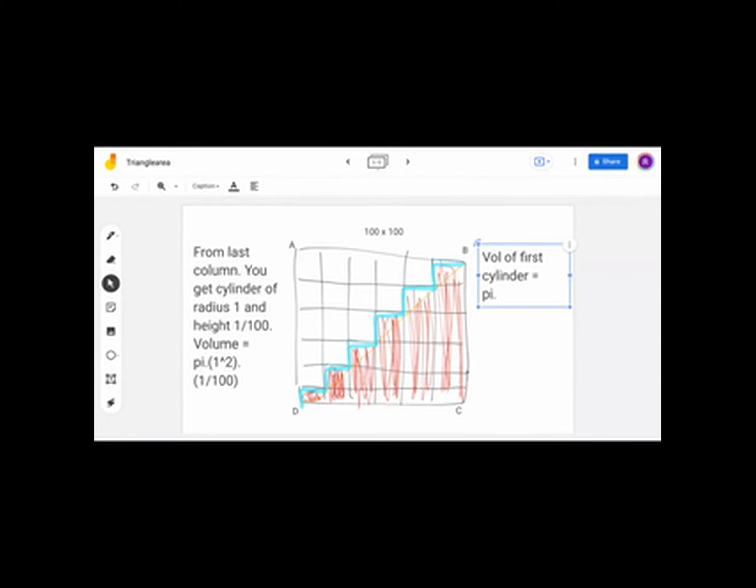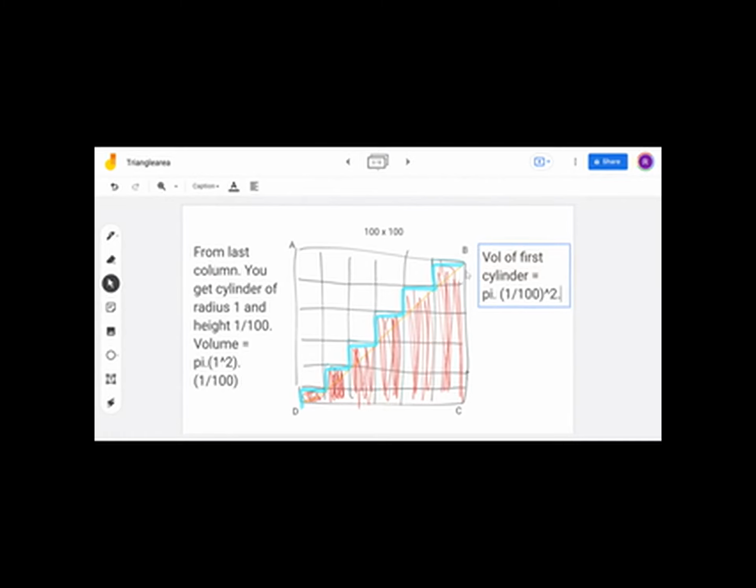Pi times r squared h. So what is the r? 1 by 100. So pi times 1 by 100 whole squared. To understand this notation, what I'm writing, 1 by 100 caret 2 is square, the power. This vertical arrow looking thing means to the power. Does everyone understand this symbol, or is anyone confused?